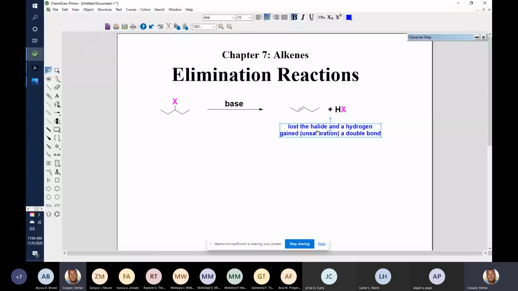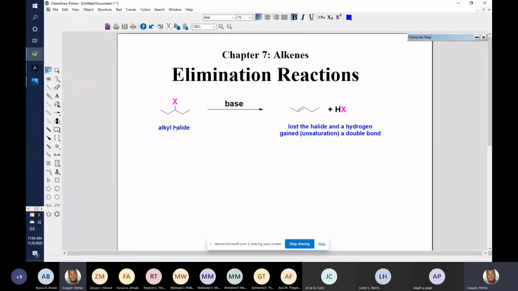Let's really quickly look at this. I can take an alkyl halide. I'll write this down here. This is no different than the alkyl halides that we used in chapter 6. However, instead of doing a substitution where a nucleophile comes in and interacts with our alkyl halide, now we're going to have a base.